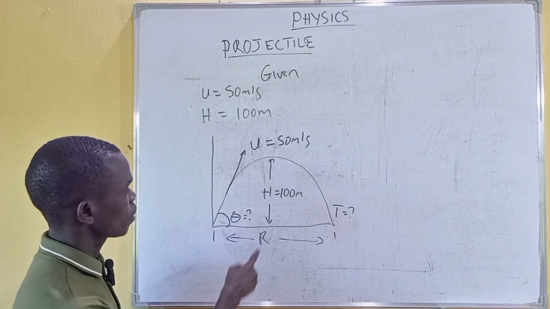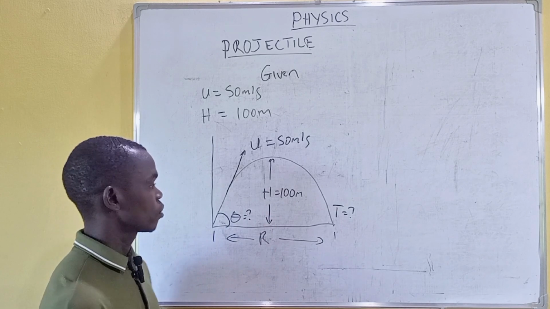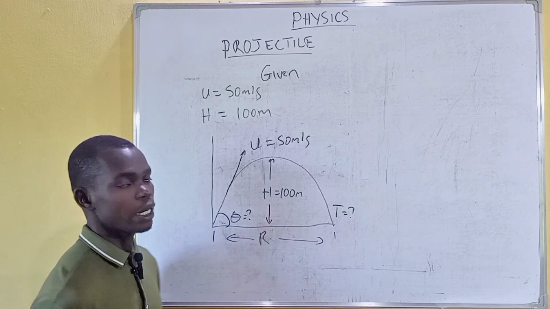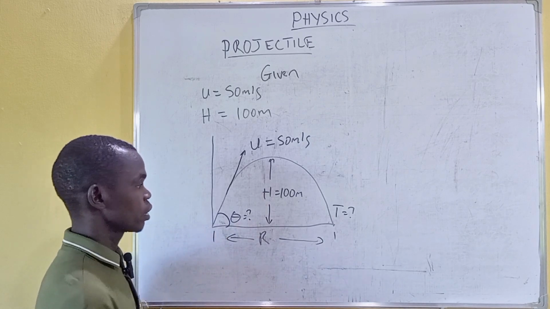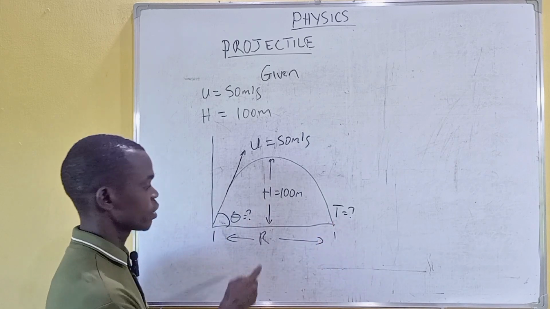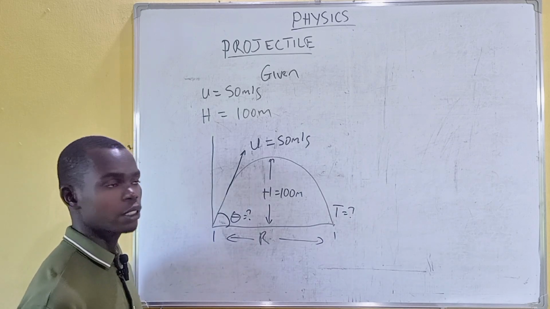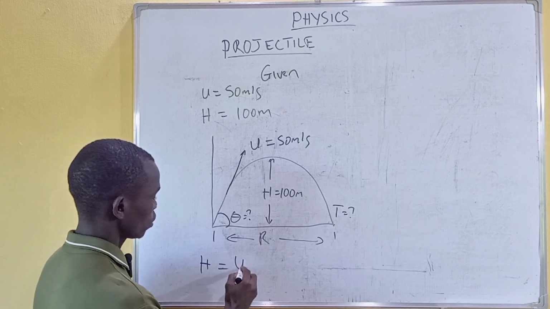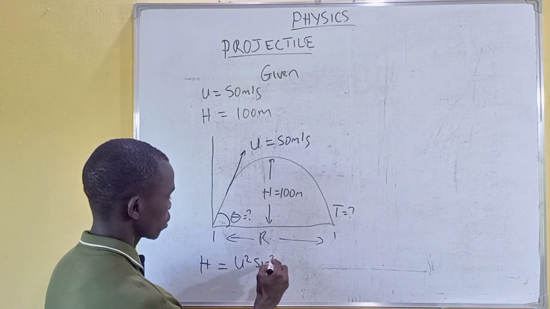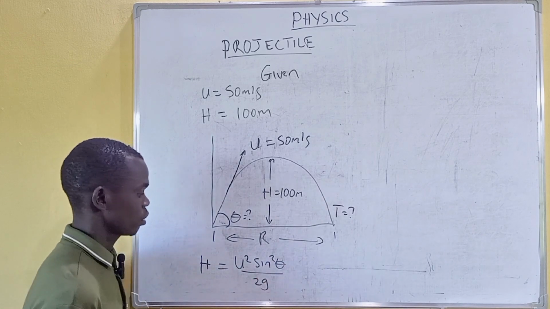From this diagram, we are given the maximum height as 100 meters, so we use the maximum height to attain our angles of projection. Then we can calculate the time of flight and the range. From our previous class on projectile, we said that height is equal to u squared sine squared theta over 2g.